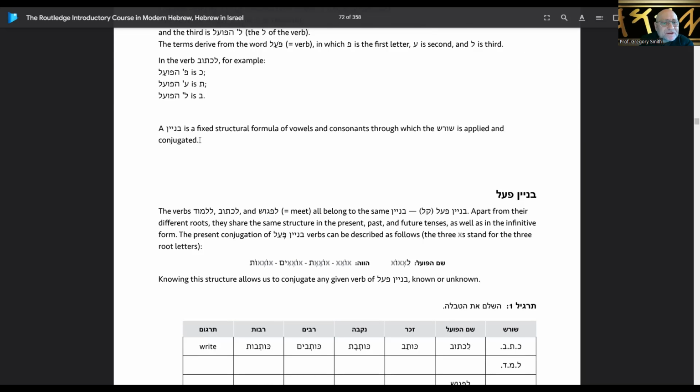Okay, the binyan is a fixed structural formula. So when we say binyan, now I already studied a book with another study partner talking about this binyan, and basically the binyan is the structure of how the roots develop. And it uses a similar word to that for a building.